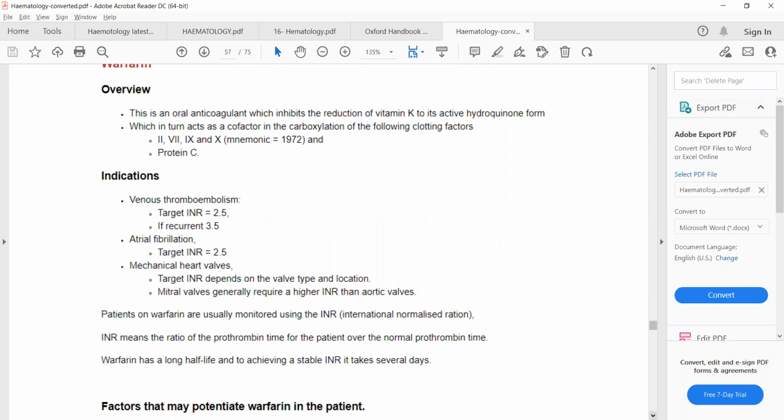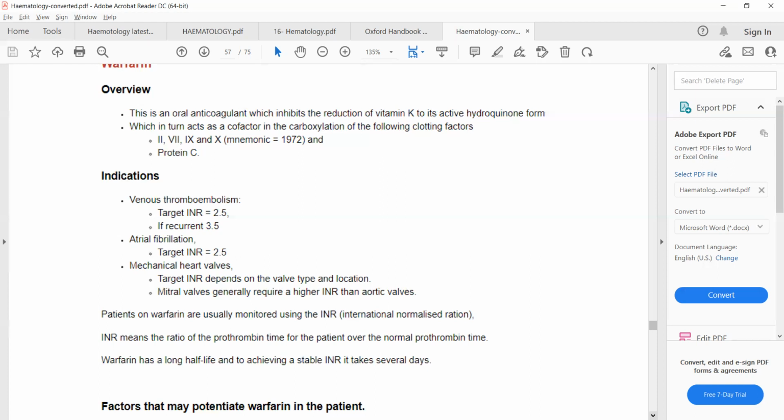So 3 to 4 is the target range for prosthetic heart valves. In case of mitral valve, it will be 4, and in case of aortic valve, it will be 3. In easy words, you can remember that for prosthetic heart valves, the target INR is 3 to 4.